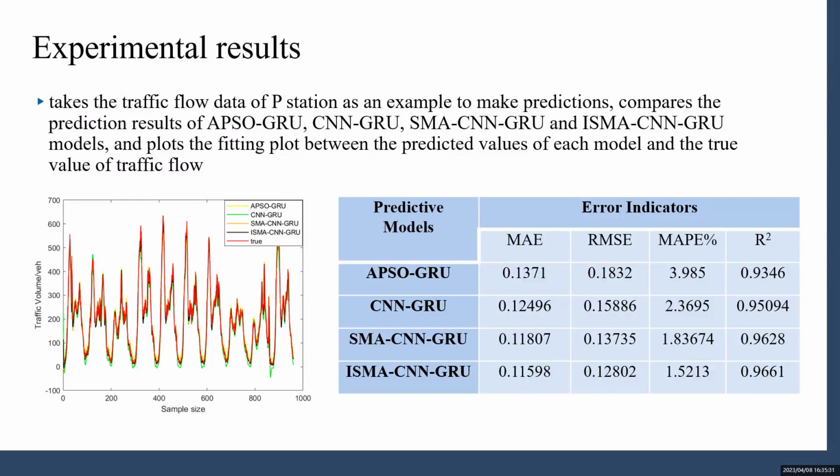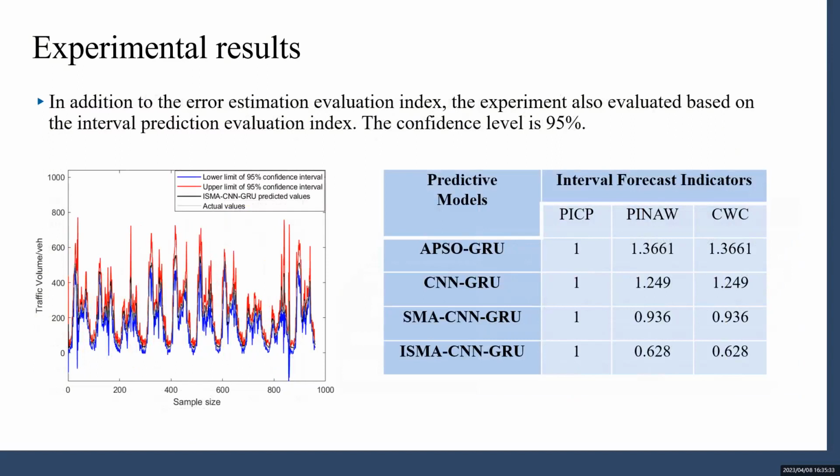In addition to the error estimation evaluation index, the experiment also evaluated based on the interval prediction evaluation index. When the confidence level is 95%, PICP is 1, which indicates that the true value falls within the built interval.